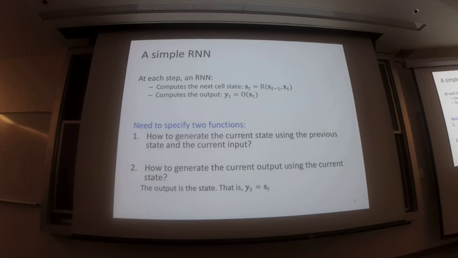For this simple RNN, the assumption is that y sub t is equal to s sub t. So your output is equal to your current state. That's what I'm saying, that the Elman RNN assumes an identity function for the O. That's why we just kick away the O, because your current state is equal to your output. There's no multiplication, there's nothing going on. What you have is what you get.